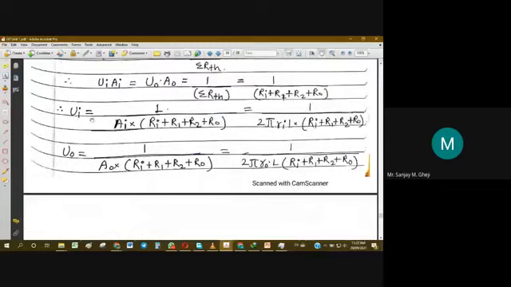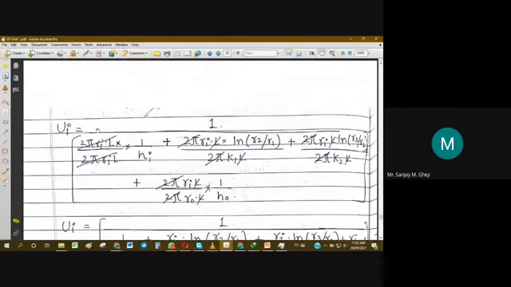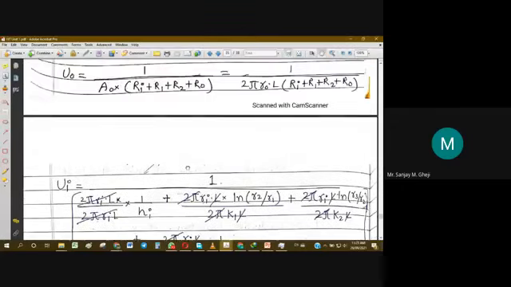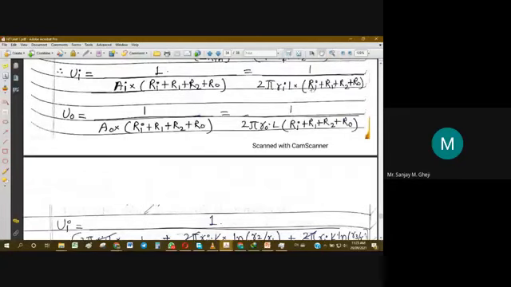Now we can solve for UI first. UI is equal to 1 upon, we are expanding this term and putting all the components in this. The basic equation is 1 upon 2 pi Ri into L into Ri plus R1 plus R2 plus RO.